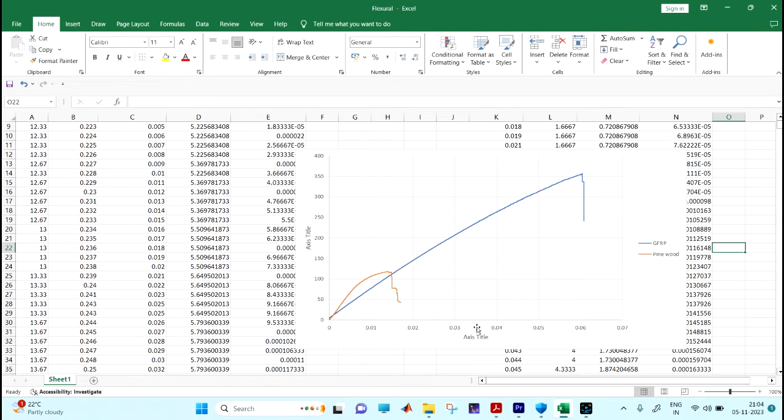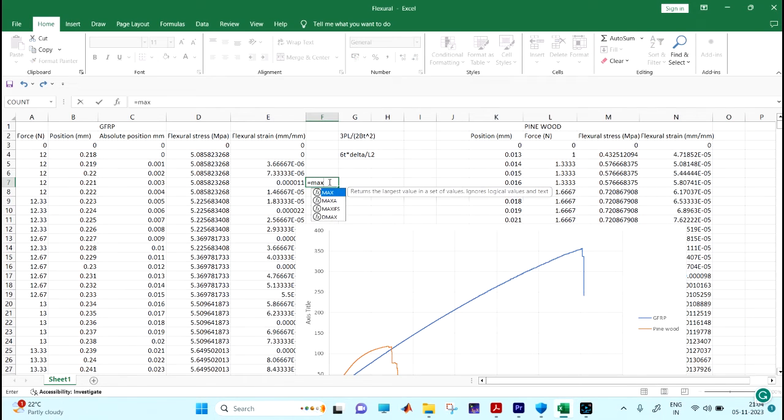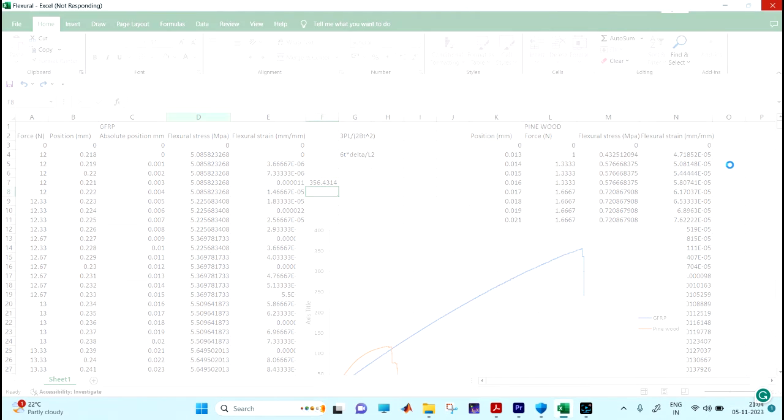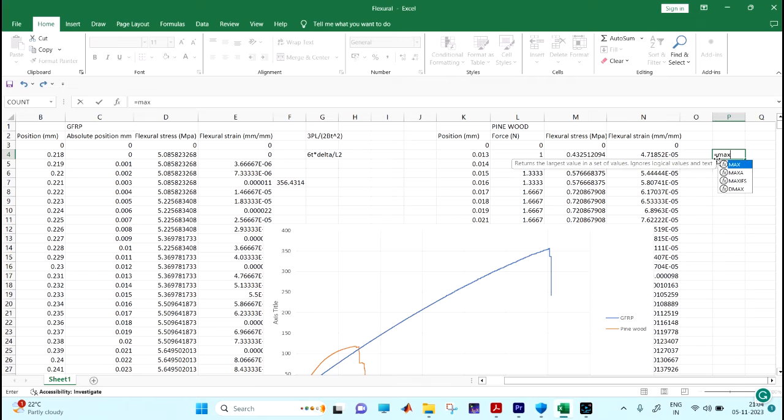Okay, so like this we can draw the stress strain curve and find the maximum values. The maximum value of the stress for the glass fiber reinforced polymer is 356, and for the wood it is 118 megapascal.